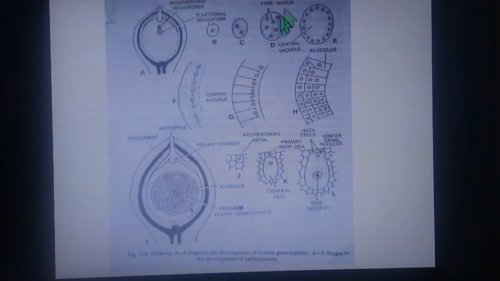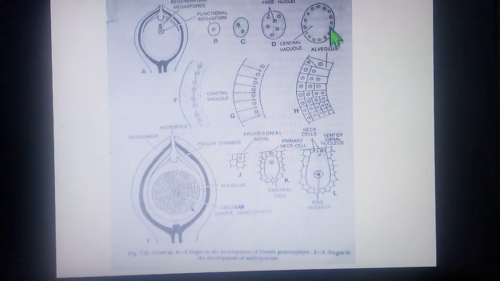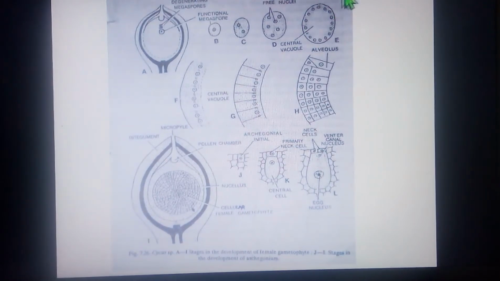But later on, a big central vacuole, as shown in figure E, appears in the middle, which pushes these free nuclei to the peripheral protoplasm, evenly distributed at the periphery.